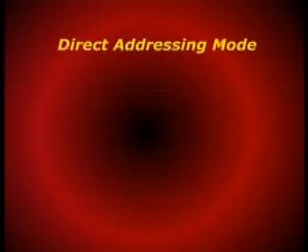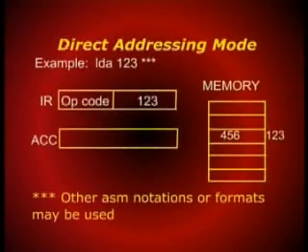The next example indicates direct addressing mode. Now, load A with square brackets, same data 123. This is just one ASM notation which is required for the assembler; other notations could be used.